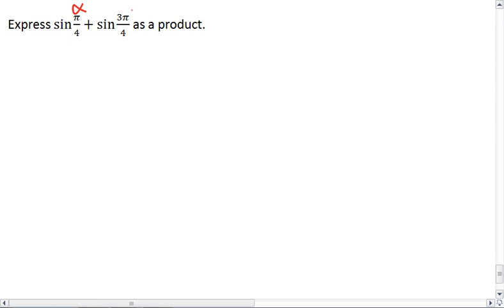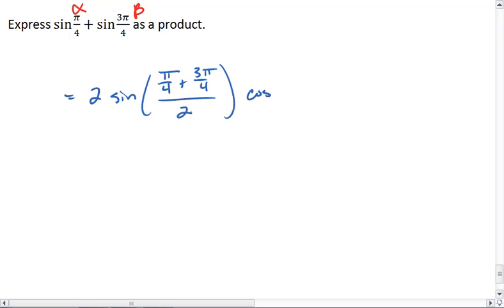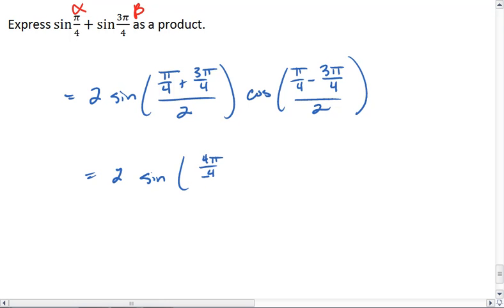Well, we let pi fourths be alpha, 3 pi fourths is beta. We're going to use the sine plus sine formula. That's your first one. It's going to equal 2 sine of (pi fourths plus 3 pi fourths) all over 2 times cosine of (pi fourths minus 3 pi fourths) all over 2, which gives me 2 times sine of 4 pi fourths over 2 cosine of negative 2 pi fourths all over 2.